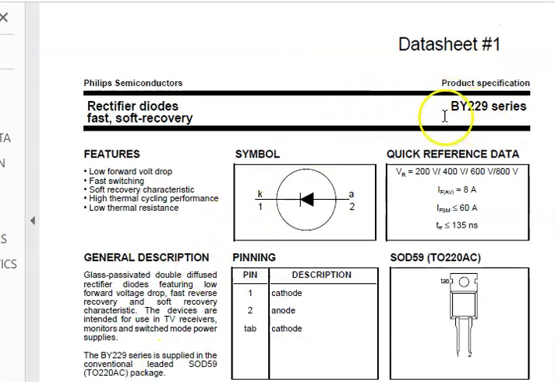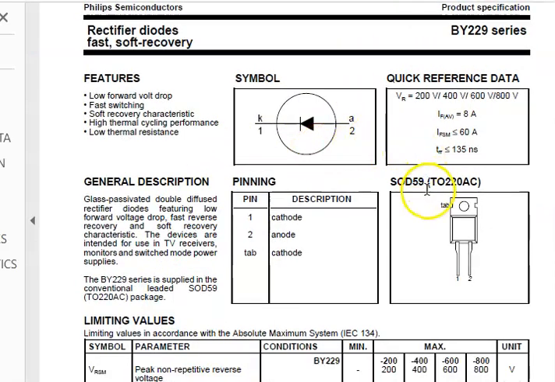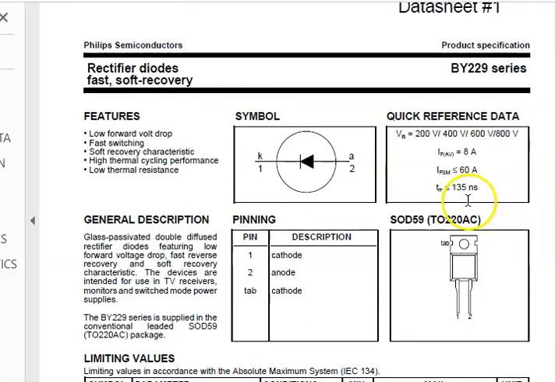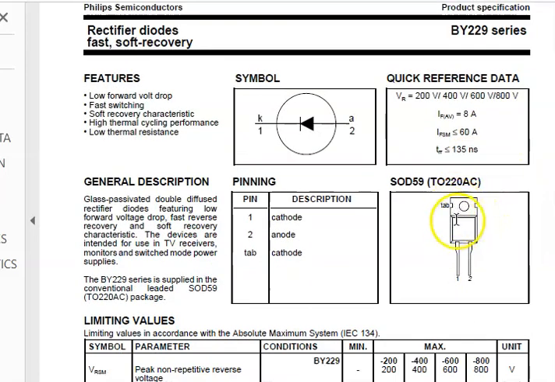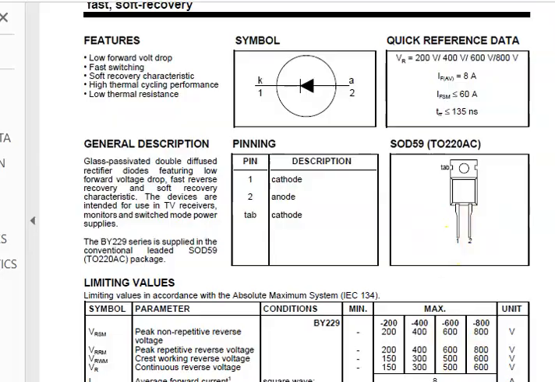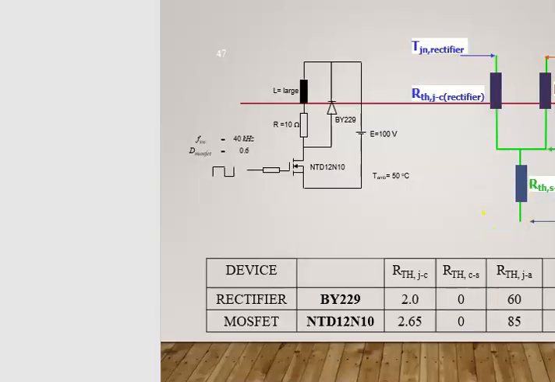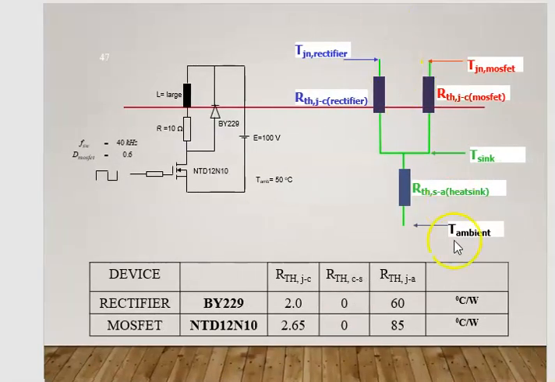If you open the datasheet, we should see that the body package of our rectifier comes with a hole. But when you take a look at your notes, if you are referring to the previous year's notes, R-thermal CS is considered as 0.